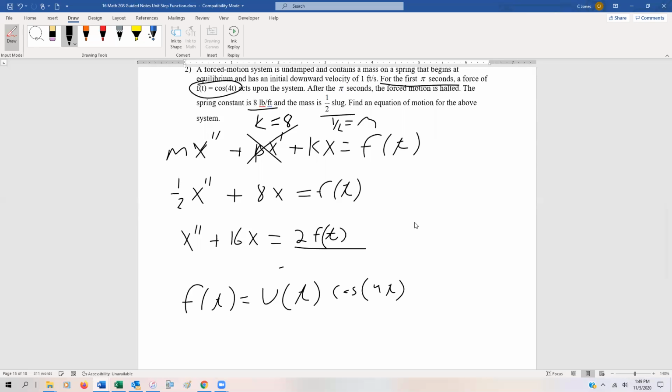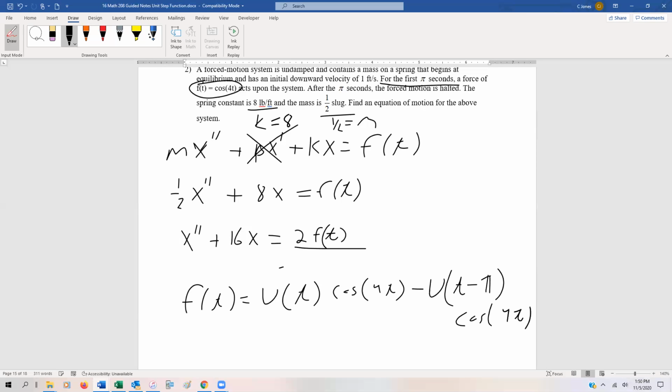Right? So that should be pretty obvious, just because we're going to make it go through from 0 until pi. But then we could say we're going to subtract the unit step function of t minus pi times cos 4t.